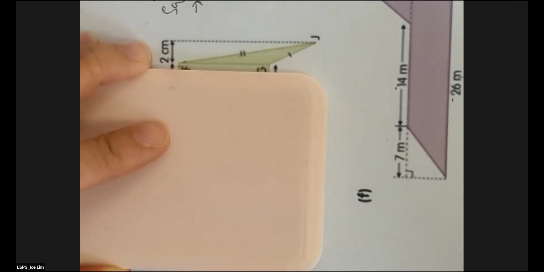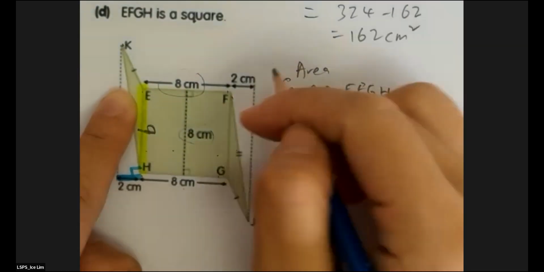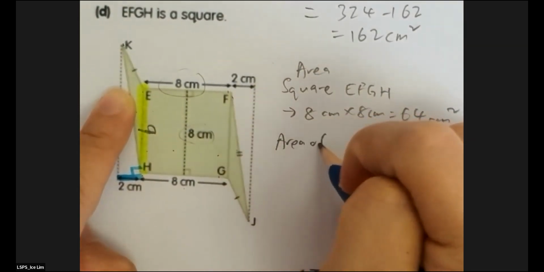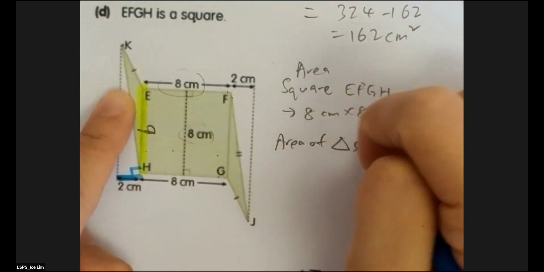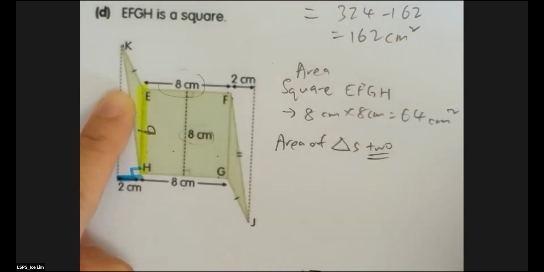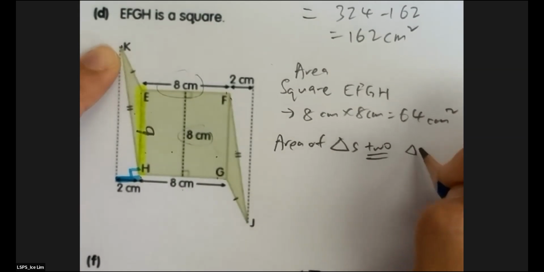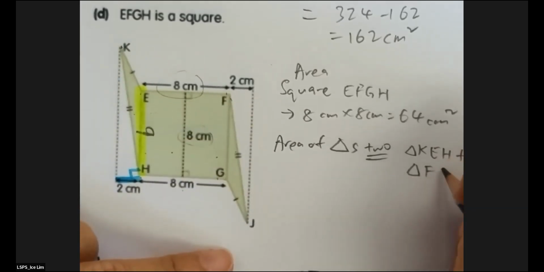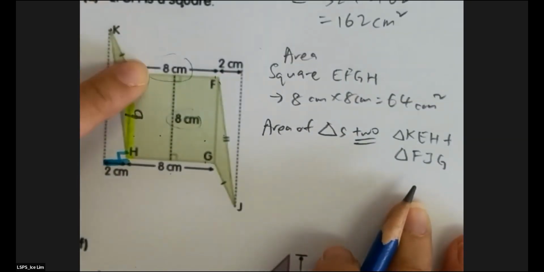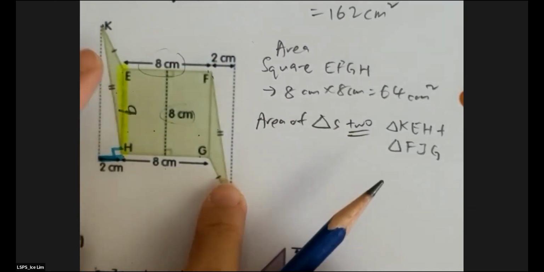Now, since these two triangles are the same, I can just write the area of the two triangles: triangle KEH plus triangle FJG. KEH, FJG. These two triangles are the same.